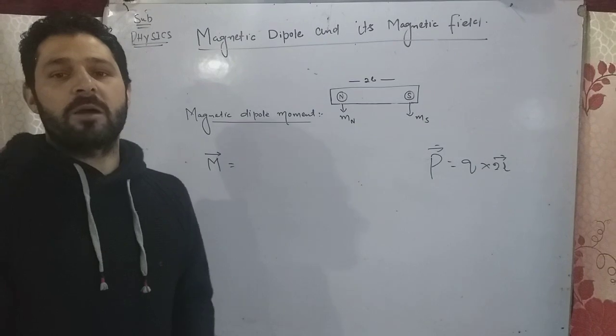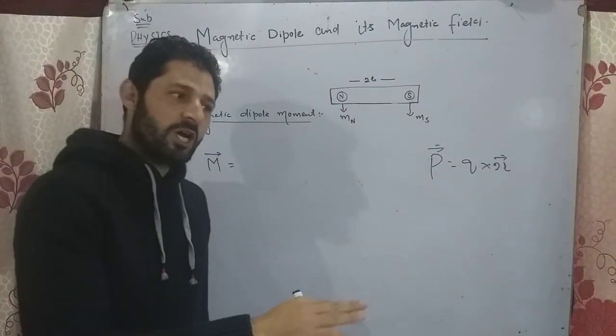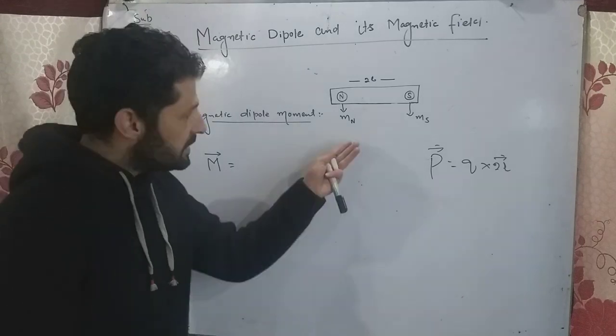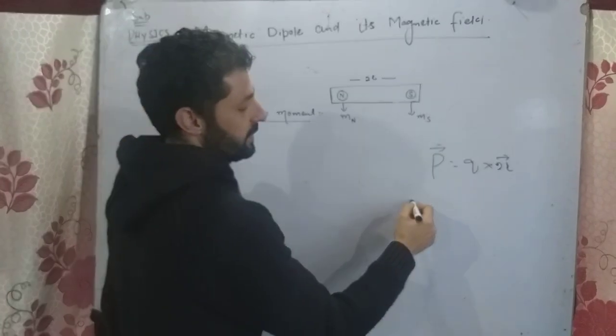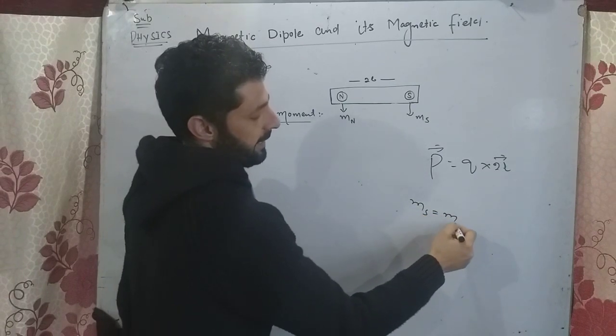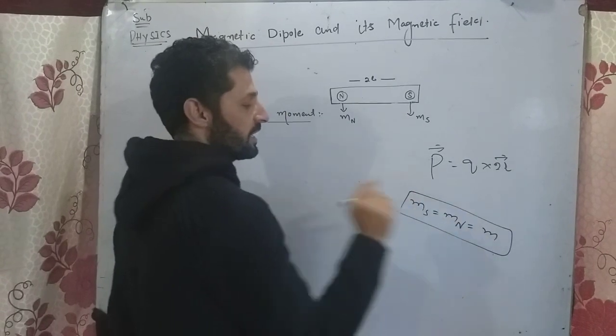Here the pole strengths of the two poles are equal, so we can say ms is equal to mn, that is equal to m. So we take the magnetic pole strength as m.